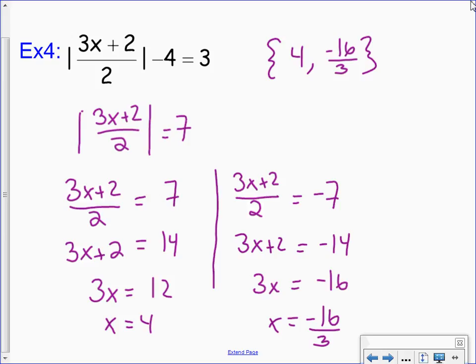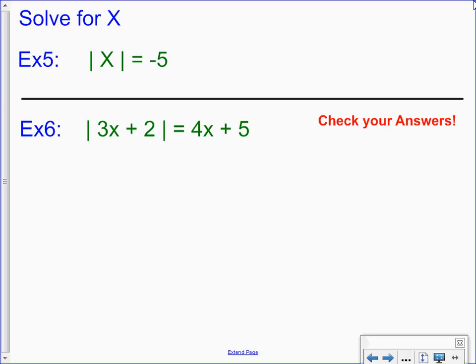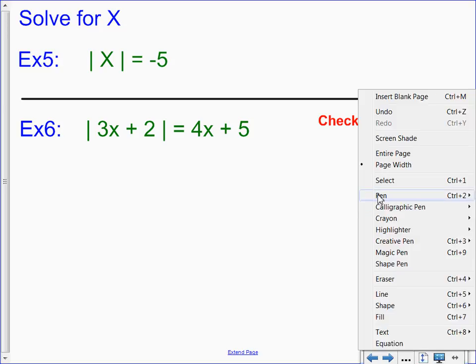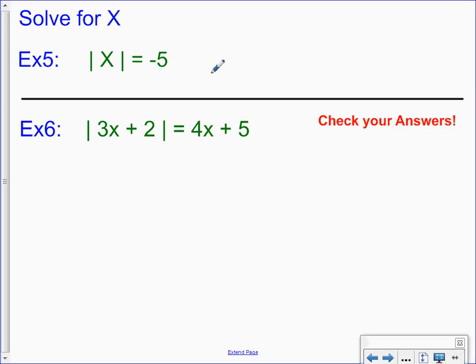So here's the question. How does the absolute value of something equal a negative? It doesn't! When it says absolute value equals a negative, the answer is no solution!